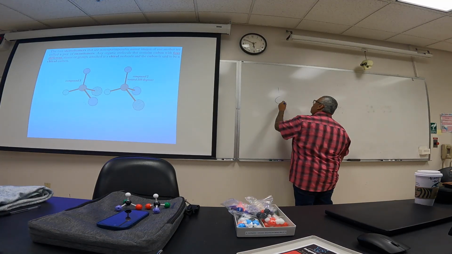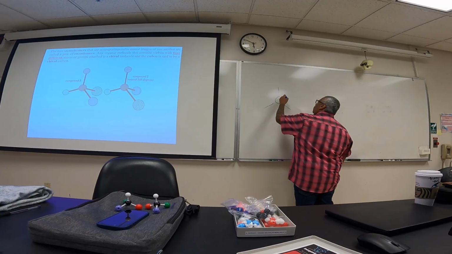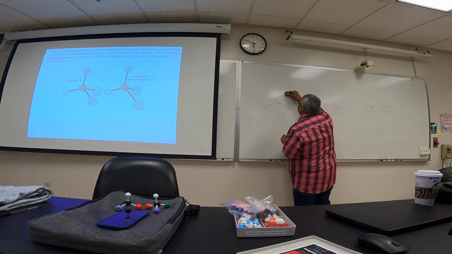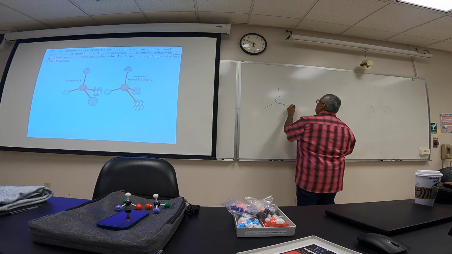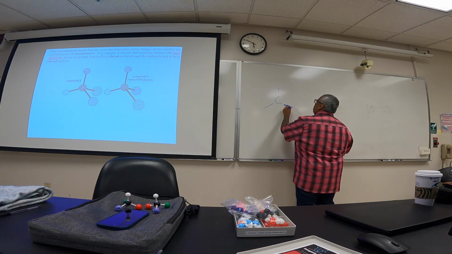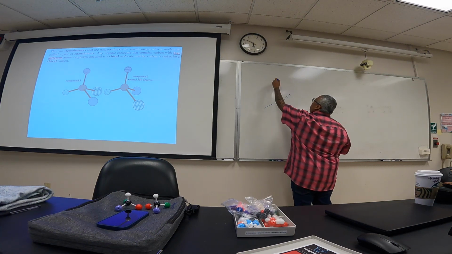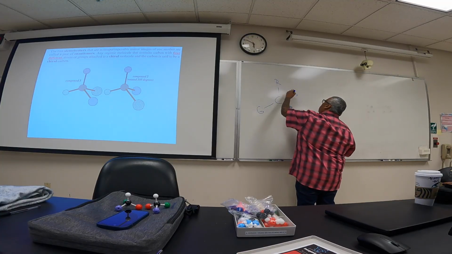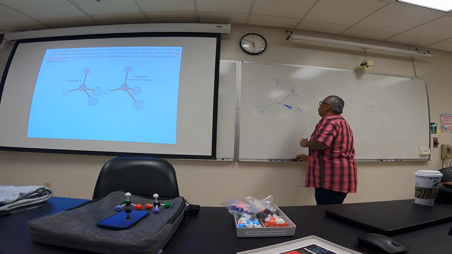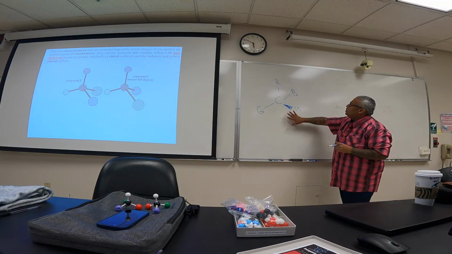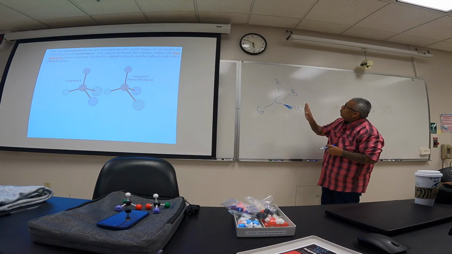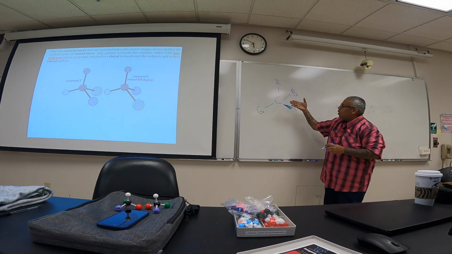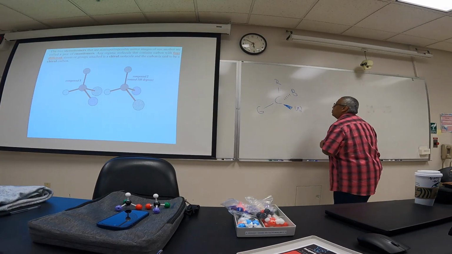So here's carbon. Let me put some depth into this. Red, green, blue, and white. Right? Just as a reminder, this means that the blue one is kind of going away from you, and then this darkened wedge means that the white one is kind of coming towards you.